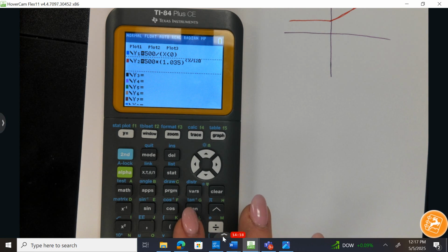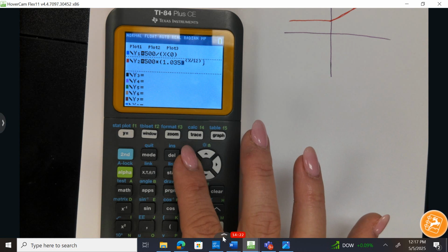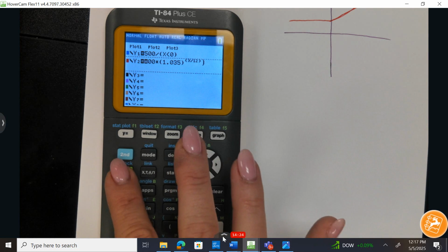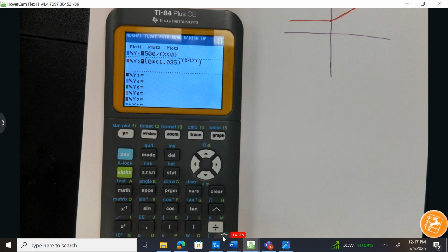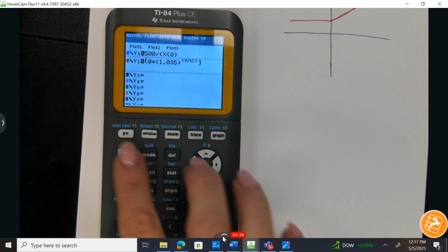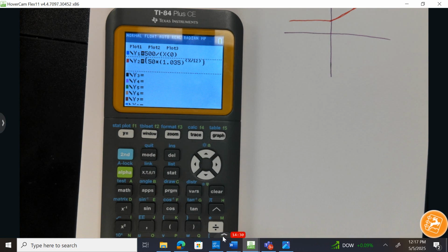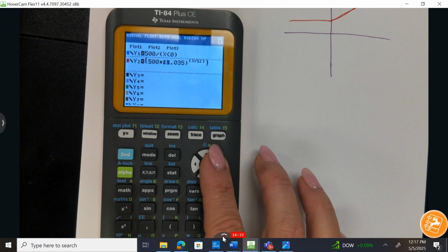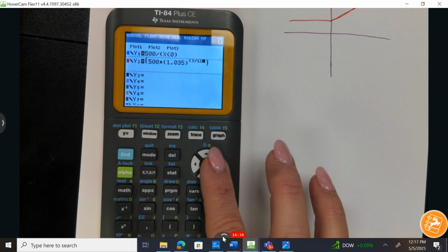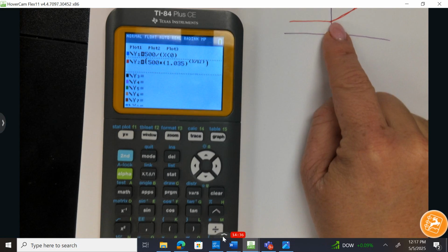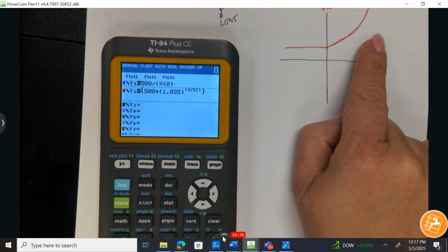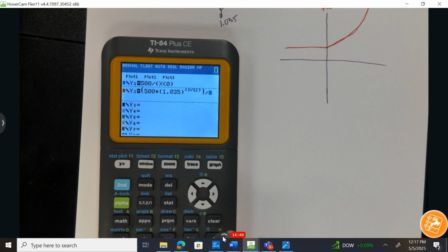Now what I want to do is take this entire thing and divide it by, so let me insert this and I'll give you a chance to catch up. Oh, I lost that. Let's insert 500. Okay, we got that. So that is the function. We only want that function when t is greater than or equal to 0.